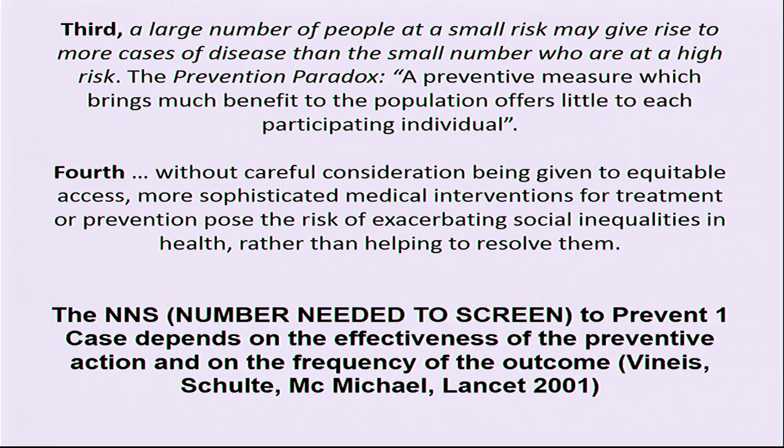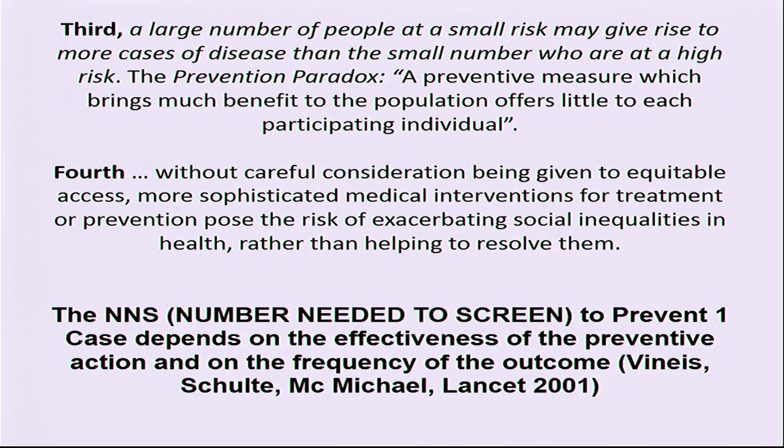And this is definitely a conundrum of precision prevention, which leads to the fourth word of caution, because without careful consideration given to equitable access, more sophisticated medical or preventive interventions pose a risk of exacerbating social inequalities in health rather than helping to resolve them.